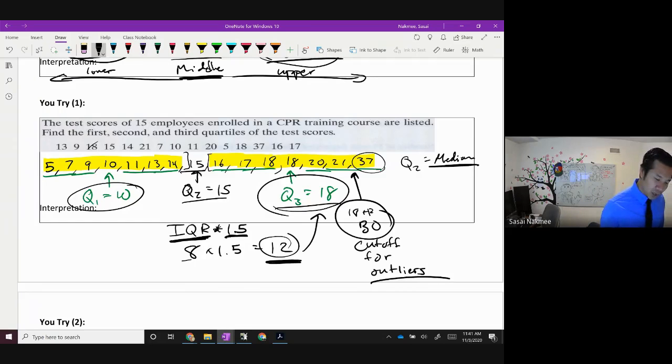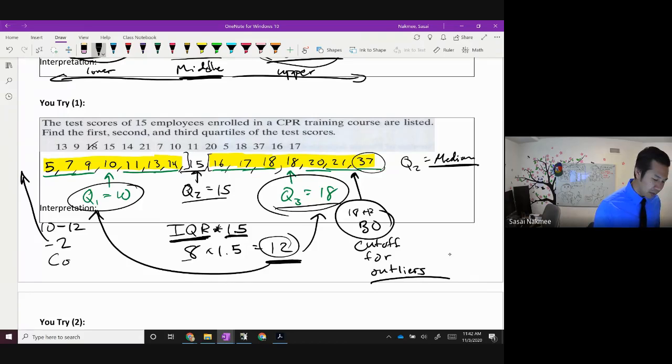And then you take that 12 and you also go this way, and you take your Q1, which is 10, and you subtract 12 from it, and that gives me -2, and -2 would be your cutoff for outliers on the lower end.